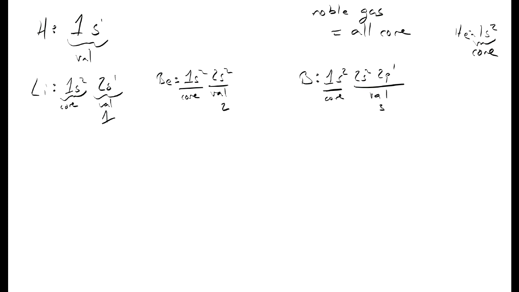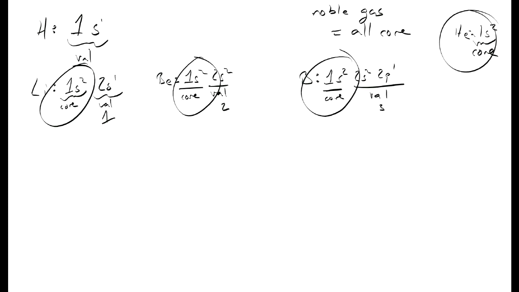There are a lot of reasons to care about valence electrons. The one we are worried about right now is, just look at this. Lithium, beryllium, and boron all have the exact same core. And that core looks exactly like helium. All 8 elements on the second row of the periodic table share the same configuration for their core electrons.